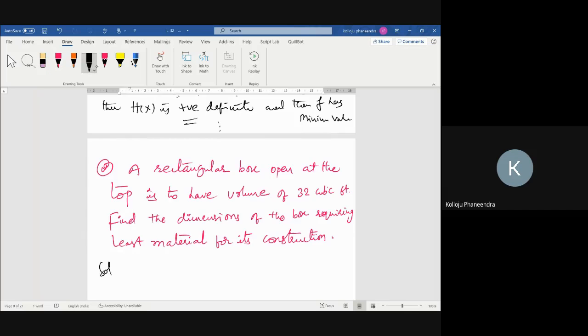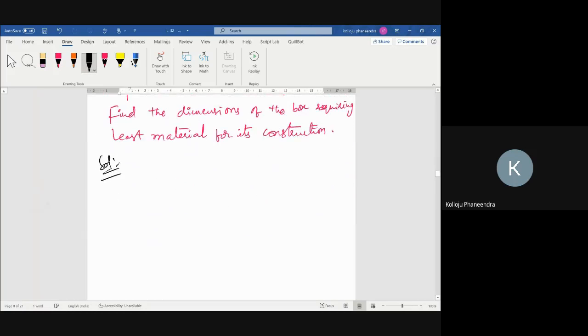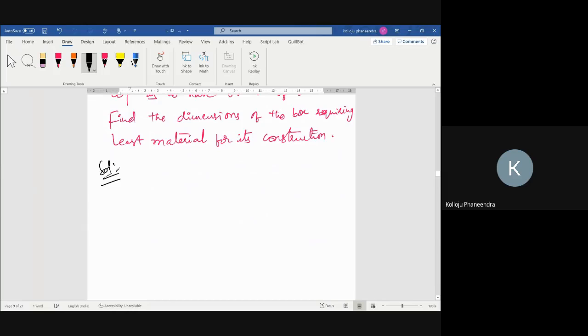Now, solution. You know what is a rectangular box? Generally, a birthday cake box, a packing box, that is called a rectangular box. If I draw that box, this is a rectangular box. This top is open. What is in the question?